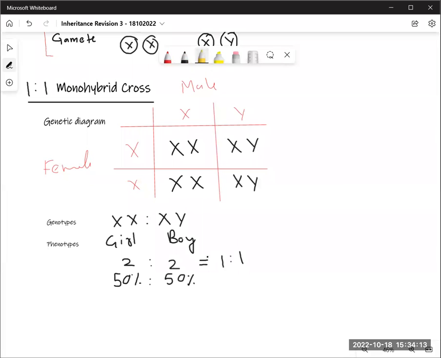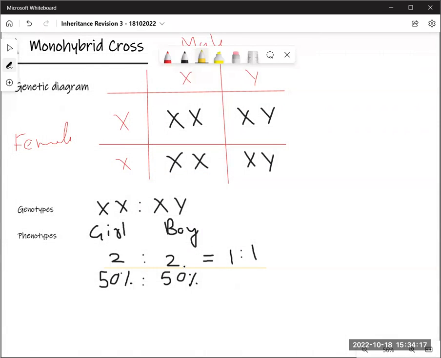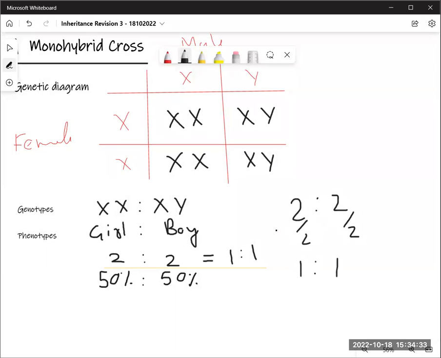Now in this over here, do you understand how, Lula, we got this 1:1 from 2:2? No, sir. We got this because if you have 2:2, I can divide both sides by 2, and I'll get 1:1. It's like simplifying it. 2:2 is 1:1 because they are the same.